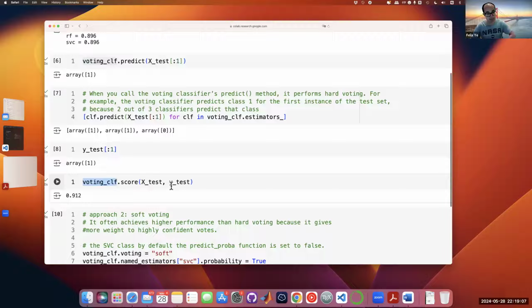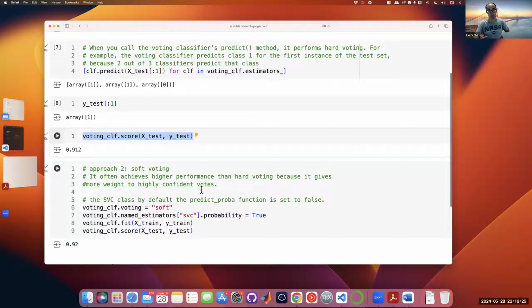Then we tested this hard voting classifier on X test and Y test. The accuracy that we get is 91.2%.